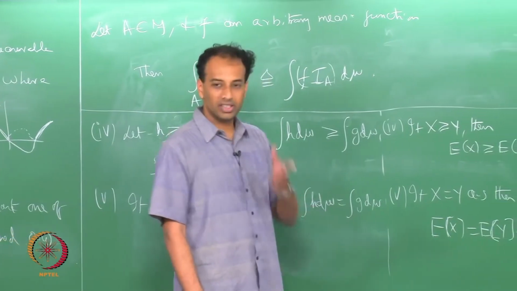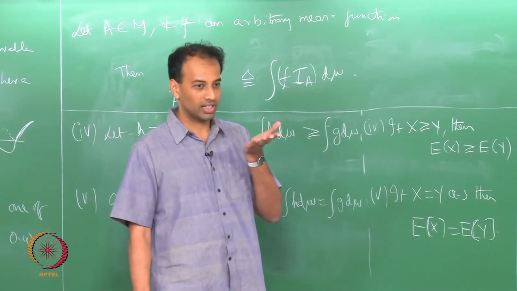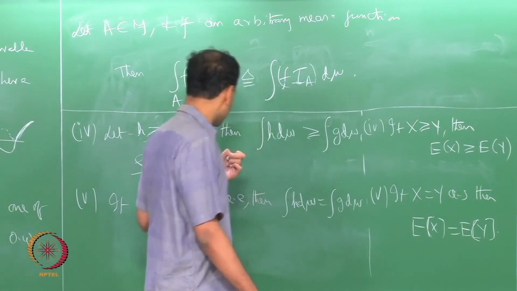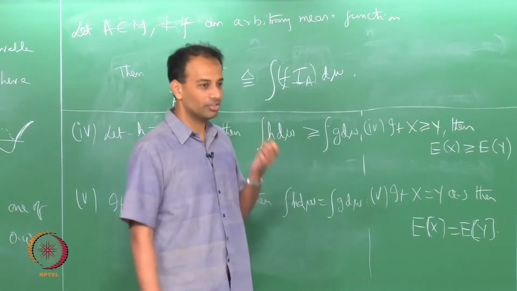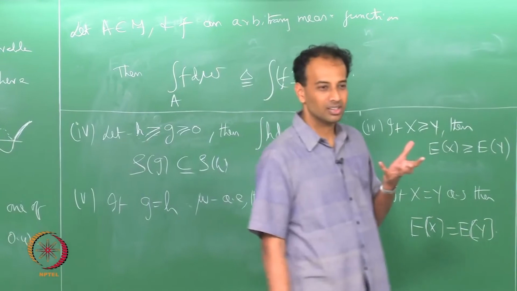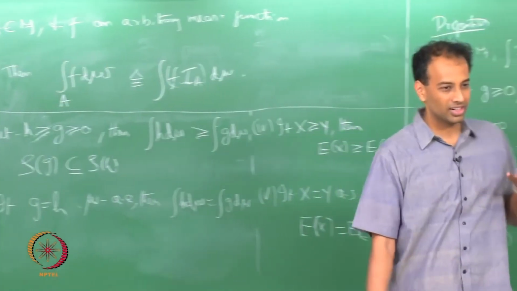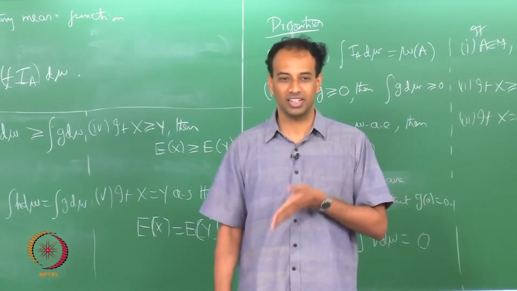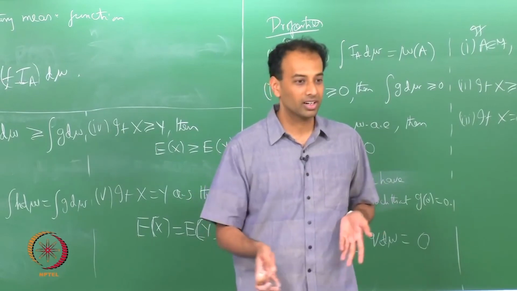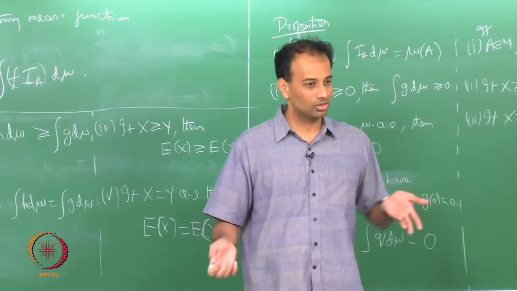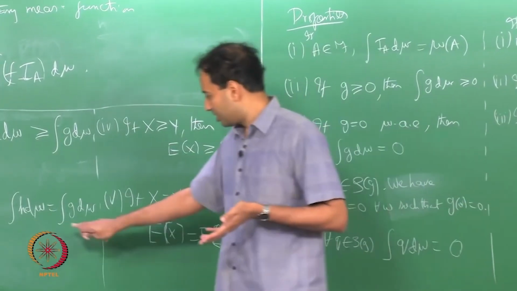Consider for example the Dirichlet function we studied. The Dirichlet function is 0 except on the set of rationals, which is a measure 0 set. So the integral of the Dirichlet function is the same as the integral of the function which is 0 everywhere, and the integral is 0. That is what this is saying.